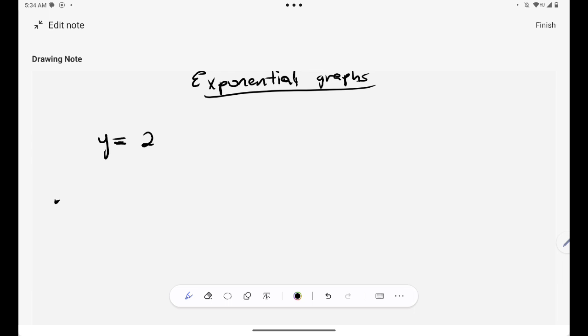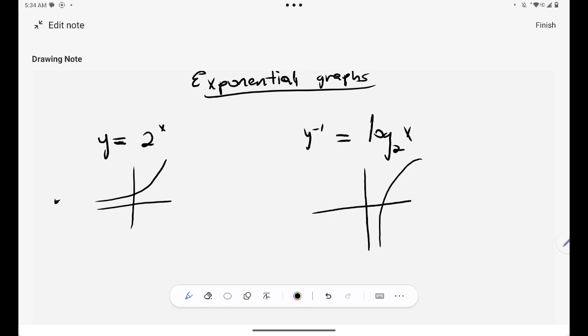Y is equal to 2 to the power x. I know that this graph will go like this. And then for the inverse graph, the inverse of the exponential graph is a logarithmic function. For the inverse, I'll have the log of x base 2, and that graph will go like this.